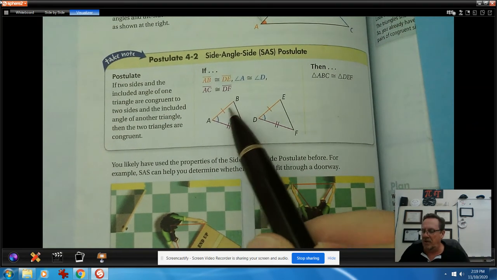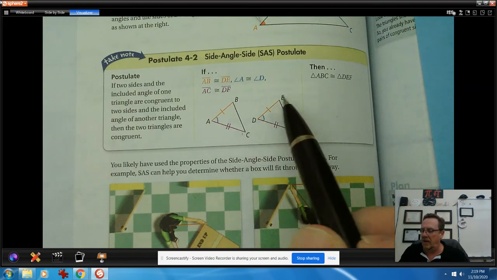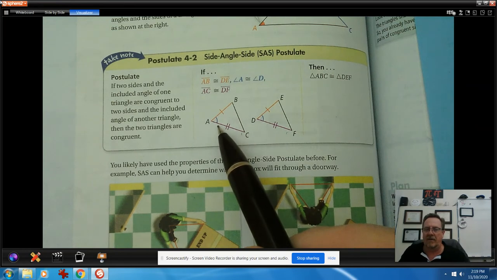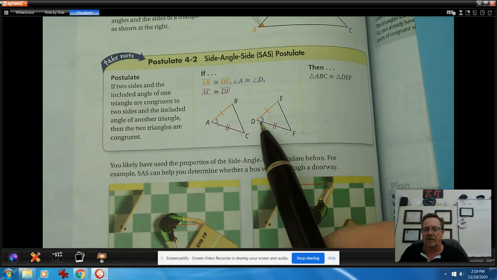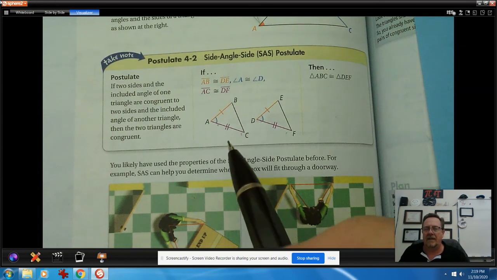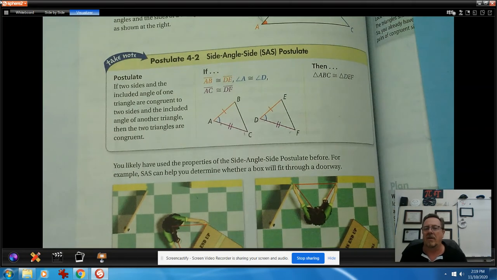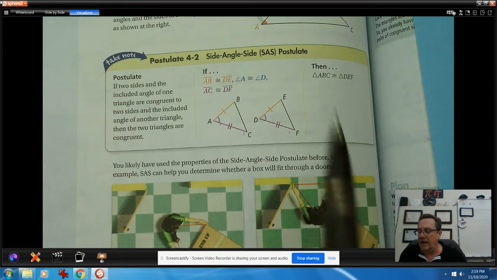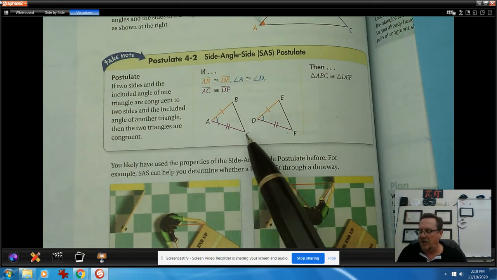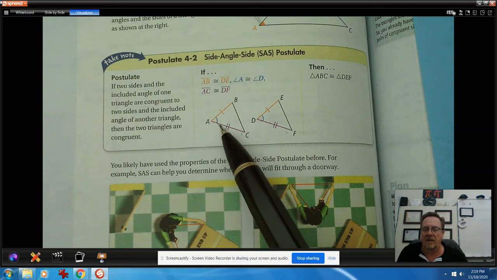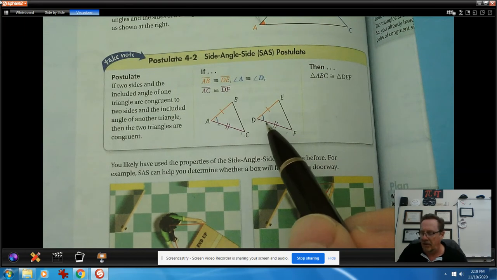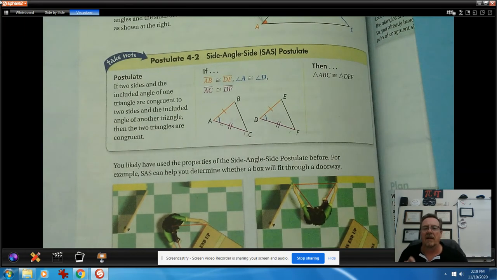If I can show that 2 sides of one triangle are congruent to the 2 sides in the other triangle, and that the included angle, the one between the 2 sides I'm talking about, is congruent on both triangles, then that's sufficient to say that the triangles are congruent. Again, you can make that triangle congruence statement. It is 2 sides in one triangle with the included angle between them congruent to 2 sides and the included angle between those in the second one.